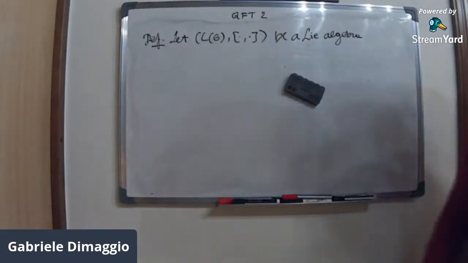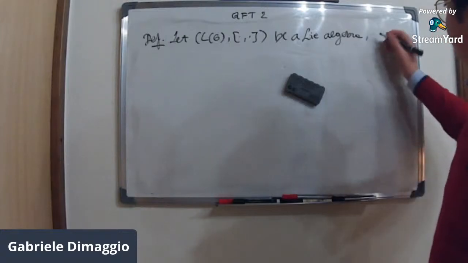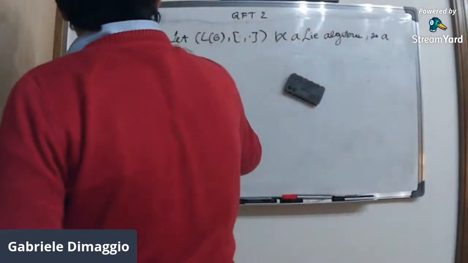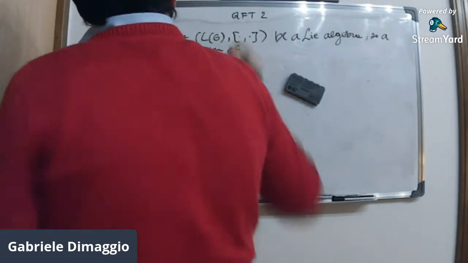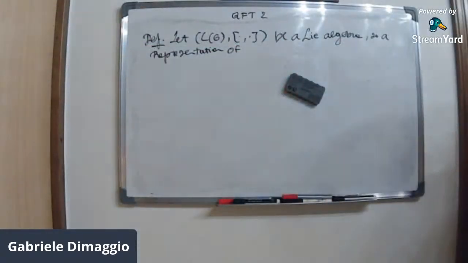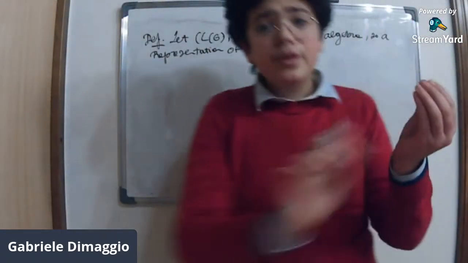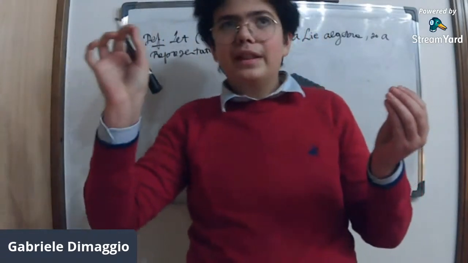Now we are going to find out that the representation of a Lie algebra is a different thing from the representation of a Lie group.